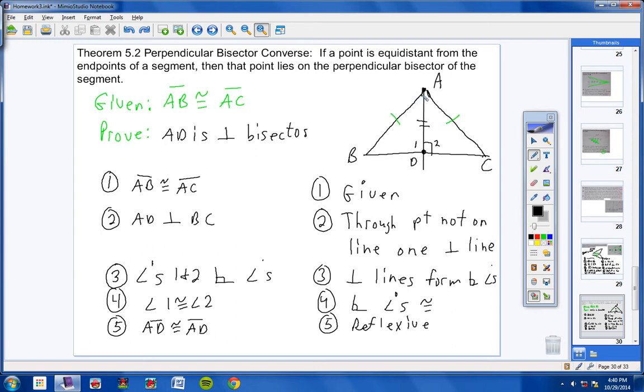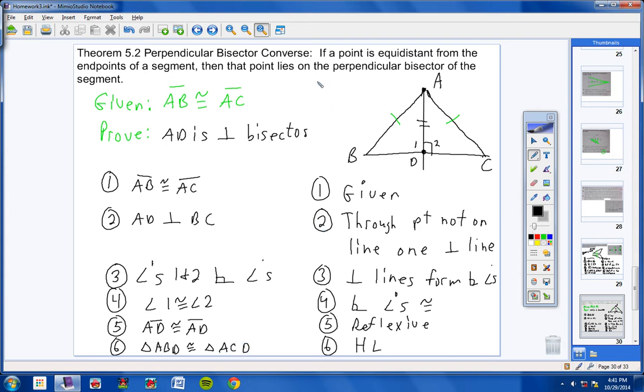And look, I have the hypotenuse of one right triangle congruent to the hypotenuse of the other right triangle, and I have a leg congruent to a leg. So I can definitely state these two triangles are congruent, okay, by this reason right here. Hypotenuse leg. Okay? I'm going to show that to you again just a second here. Triangle ABD is congruent to triangle ACD.